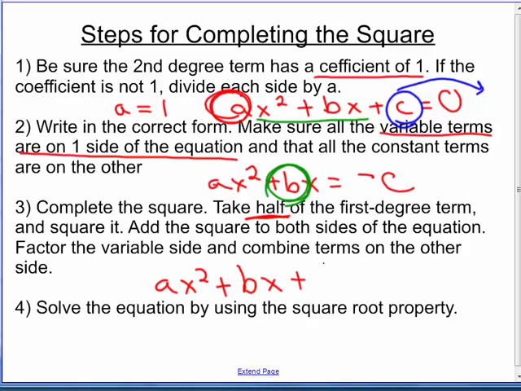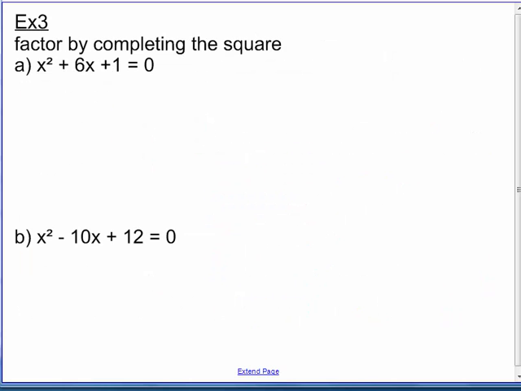So it's always b divided by 2, or b times 1/2, or half of b, whatever you want to think of it as, squared. And that's going to make it a perfect square. And again, if I do it to one side, I have to do it to the other. And then I just solve it by using the square root.